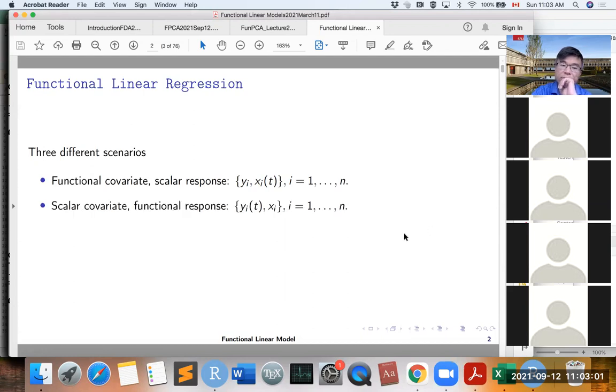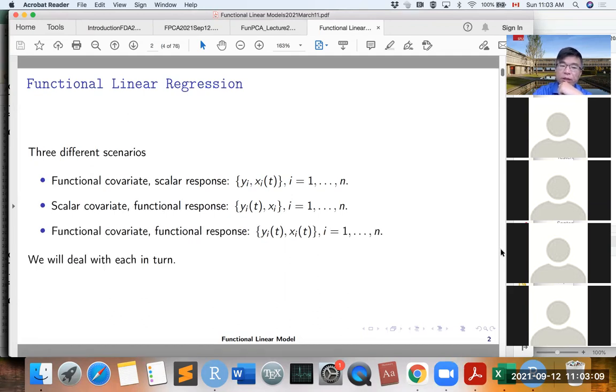The second scenario is a functional response yi(t) with a scalar covariate xi. And the last scenario is a functional response yi(t) and a functional covariate xi(t). We will deal with these three scenarios in turn.